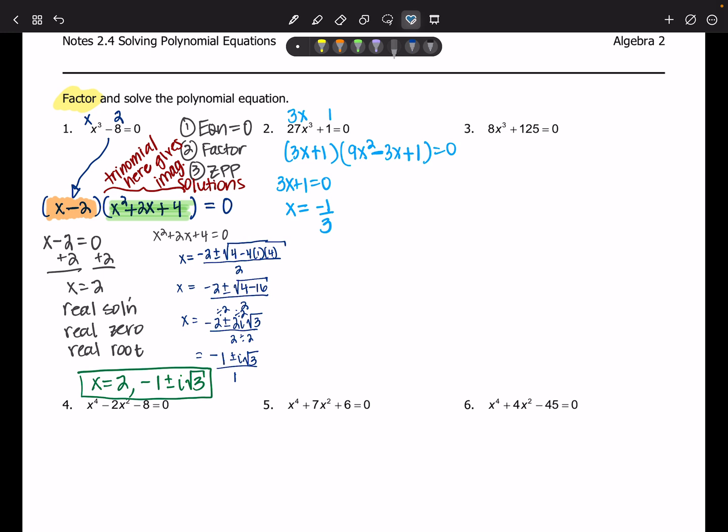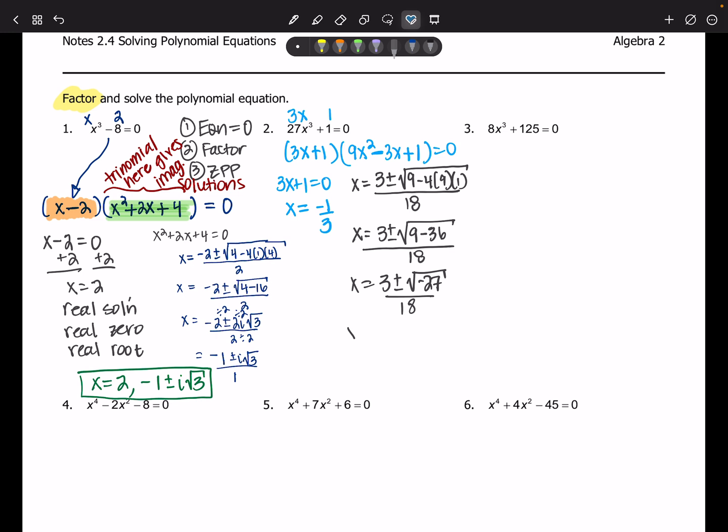So I'm going to do this in gray. X equals the opposite of b, plus or minus the square root of b squared minus 4ac, all over 2a, which is 18. 3 plus or minus the square root of 9 minus 36, all over 18. 3 plus or minus the square root of negative 27, all over 18. 27 breaks down to be 3 3s.